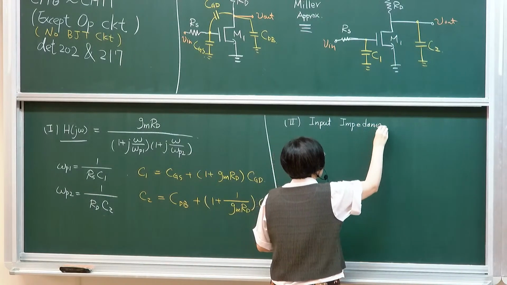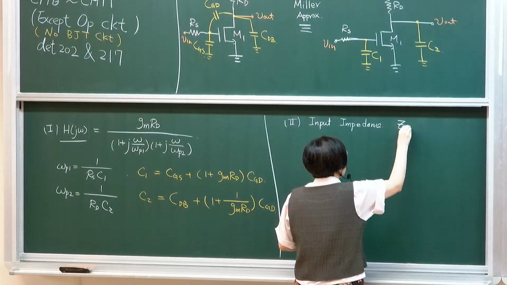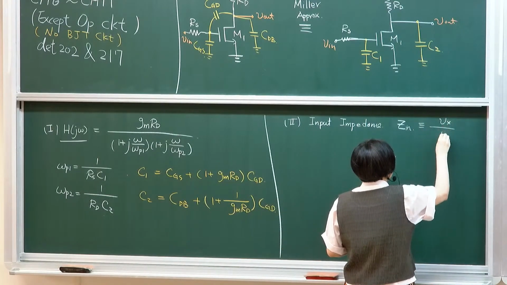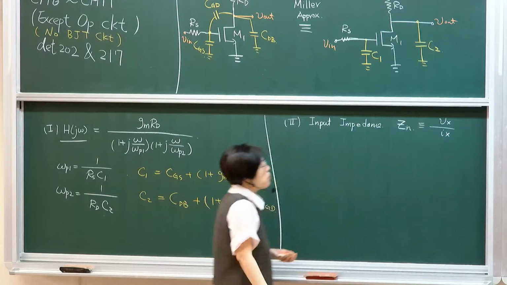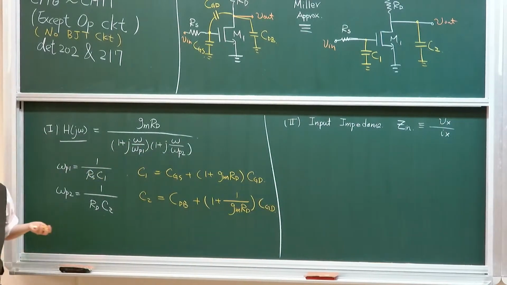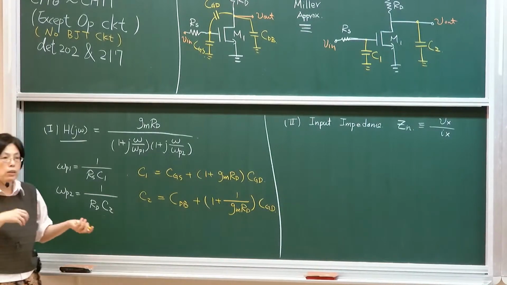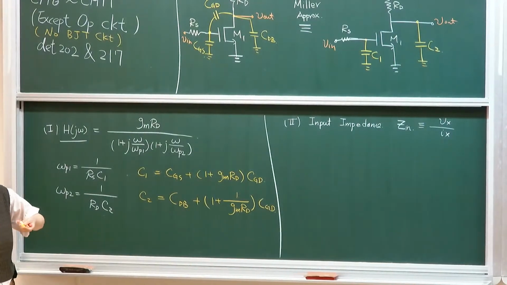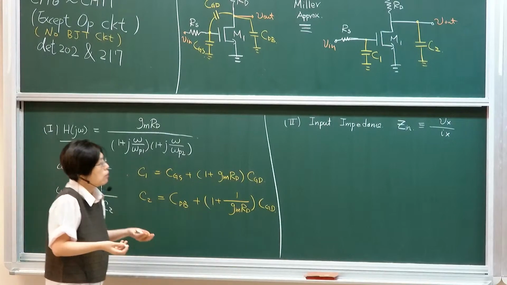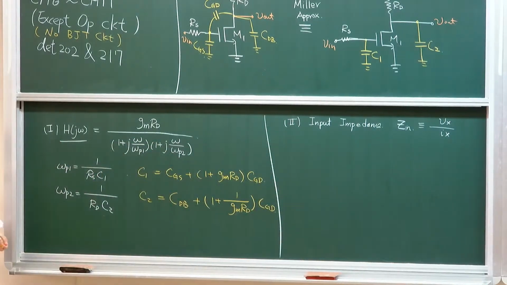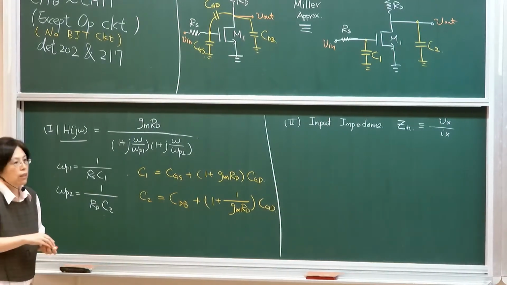By definition, that's Zin. The way to do that, you can still look at Vx, Ix, assuming the same definition, based on the same analysis. The only difference is that we're going to add the impact of capacitance. If you have a common source amplifier, every time I ask you for input resistance, you're happy because it's infinite.